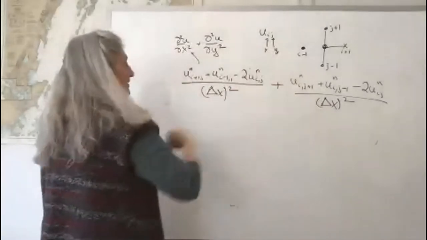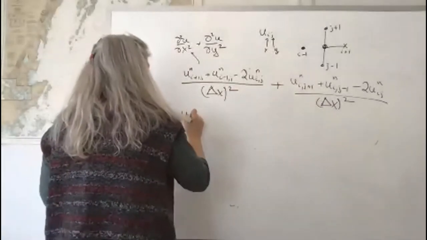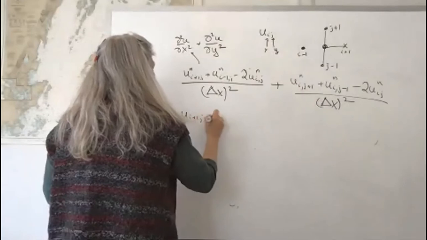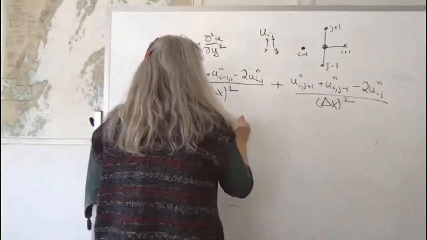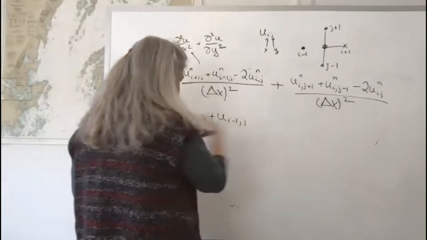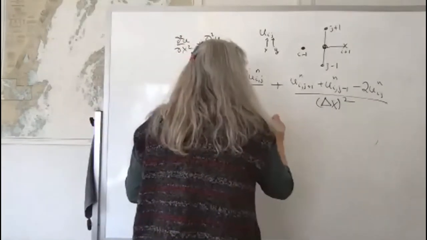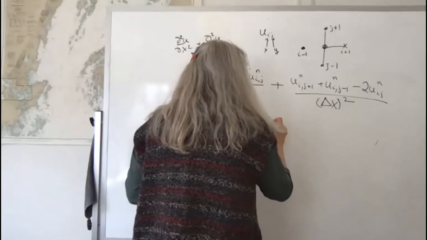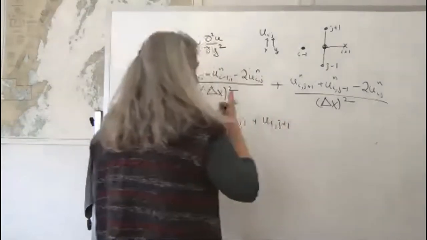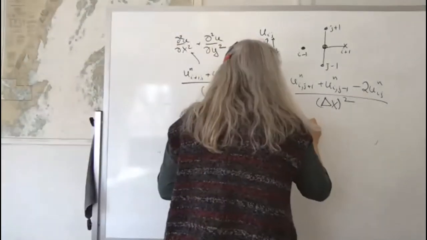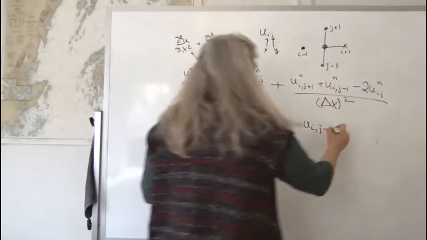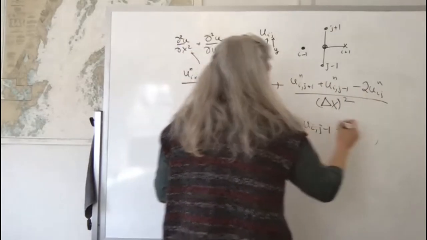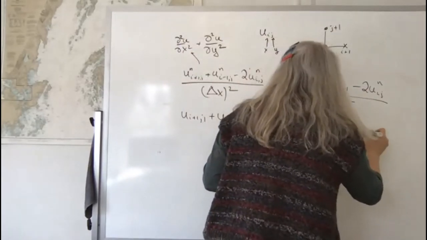So putting all these together, if I just add all these together, I have u i plus 1 comma j, that's to the right, u i minus 1 comma j, that's to the left, plus u i comma j plus 1, that's up, plus u i comma j minus 1, that's down. And then there's 2 of these and 2 of those, so that's 4 u i j.